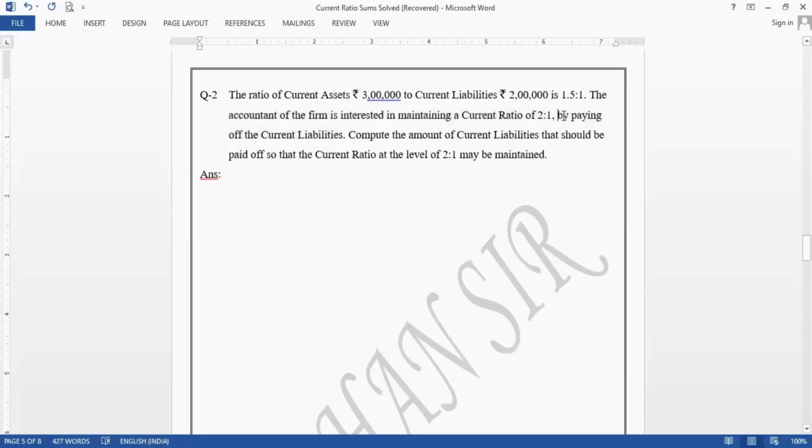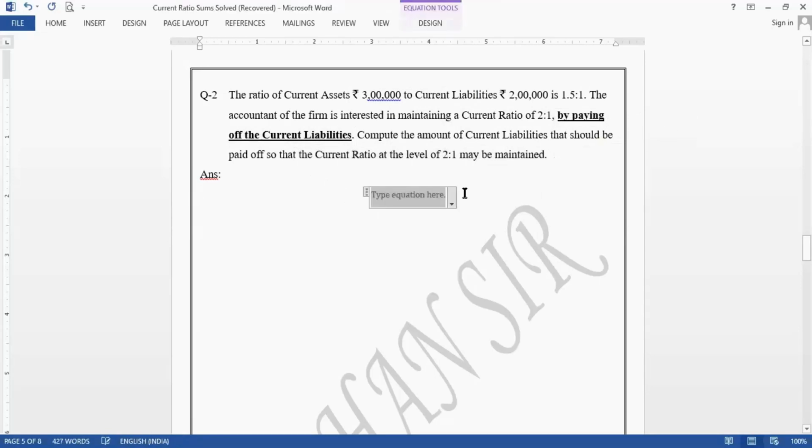This is the transaction. Compute the amount of current liabilities that should be paid off so that the current ratio at the level of 2:1 may be maintained. Okay, we all know the present situation.